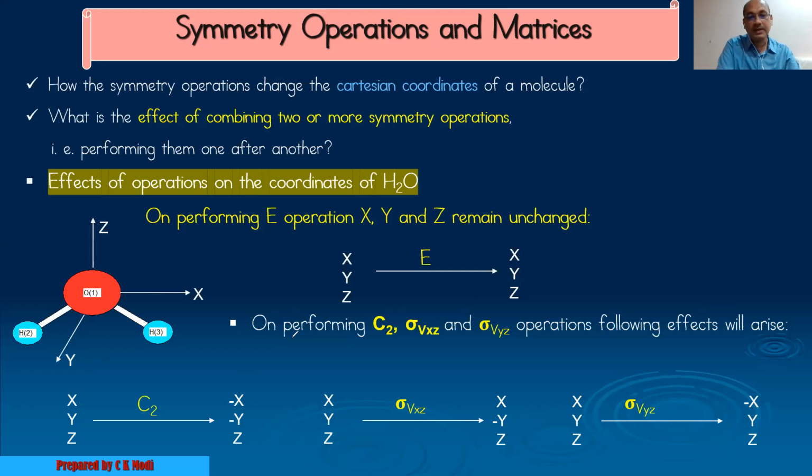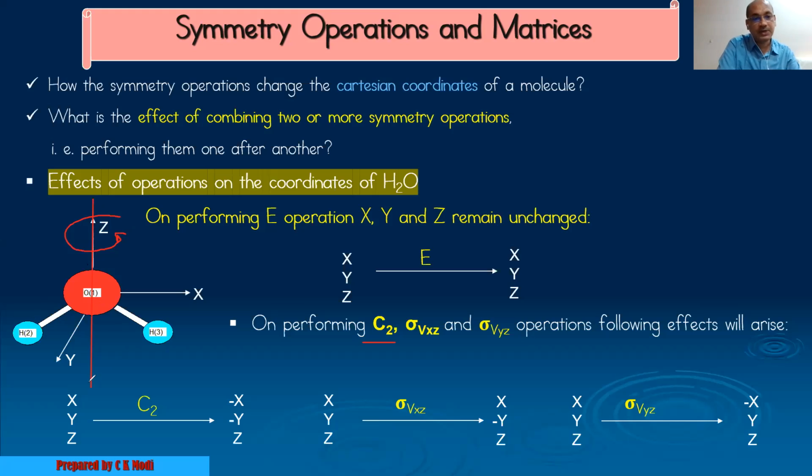However, if I perform the C2 operation, it is collinear with the z-axis, passing through the z-axis. The water molecule has a bent structure, and this is the imaginary C2 axis. If I rotate it by 180 degrees, H2 comes over here and H3 here.